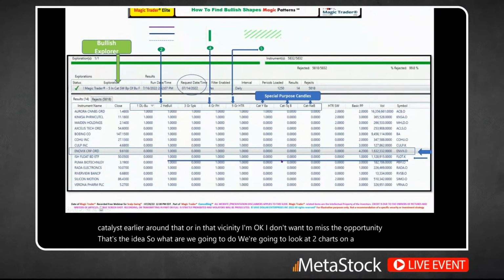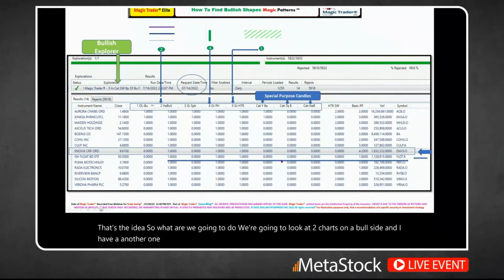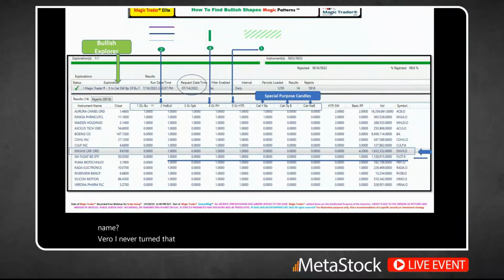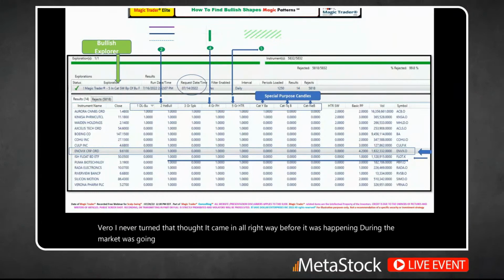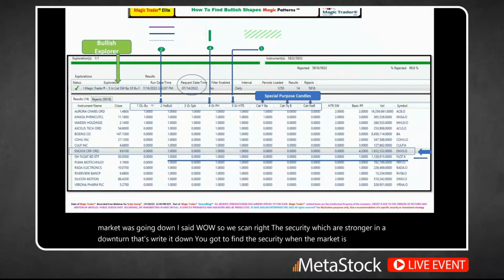and I have another one as a bonus because we gave it in the alert room a while ago, right? A stock named Viru. I never traded that stock. It came in way before, while the market was going down. I said, whoa. So we scan the securities which are stronger in a downturn. Just write it down. You got to find the securities when the market is totally down and they're going opposite, they're going up.